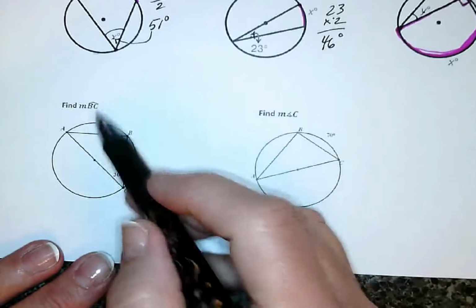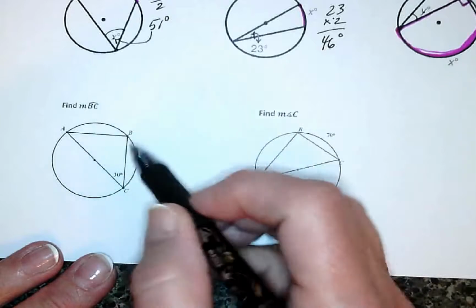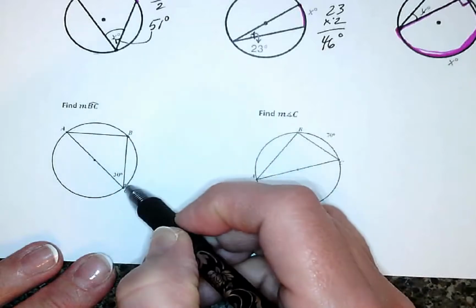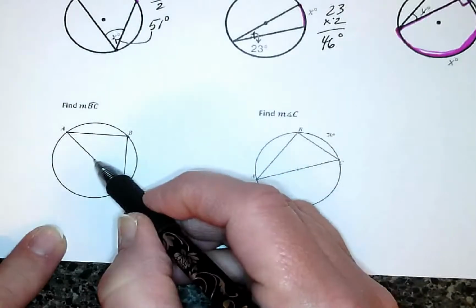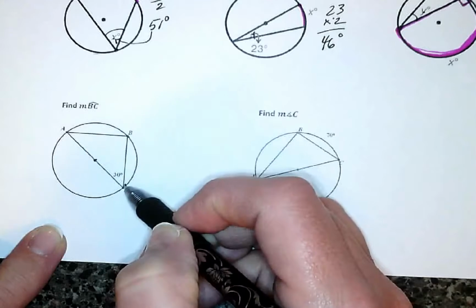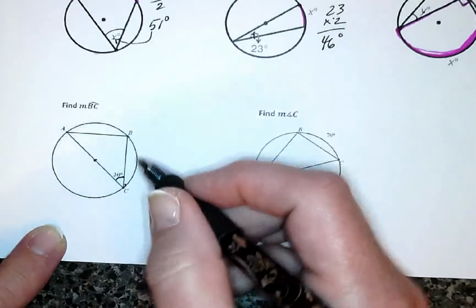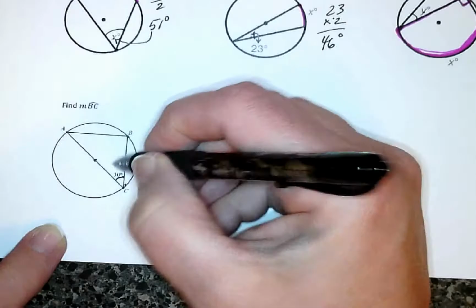So this one says find BC. So we want the measure of this arc BC. So we want to know how far it is from here to here. I can see that this is the diameter. So I know this much from A over to C is going to be 180. I have 30 degrees. That is an inscribed angle. Inscribed is going to follow the sides out.